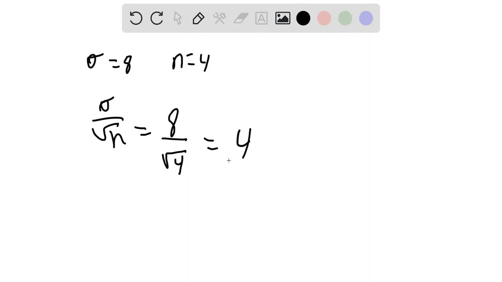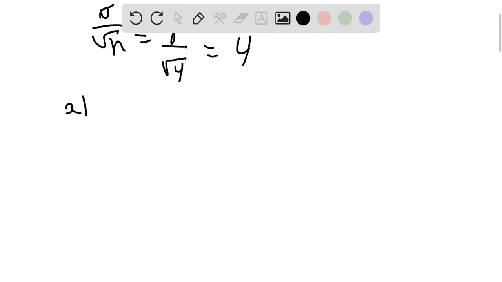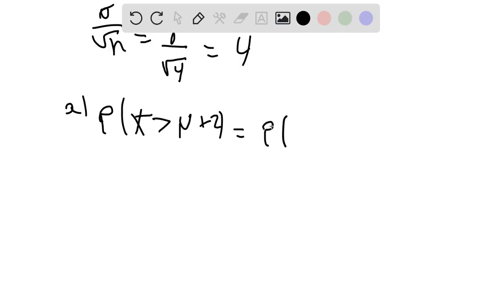So we then have for part A that the sample mean exceeds the population mean by more than 2 hours. So we have the probability that X bar is greater than mu plus 2, which is equal to the probability of X bar minus mu being greater than 2. So this gives us the probability that X bar minus mu over sigma is greater than 2 over 4.